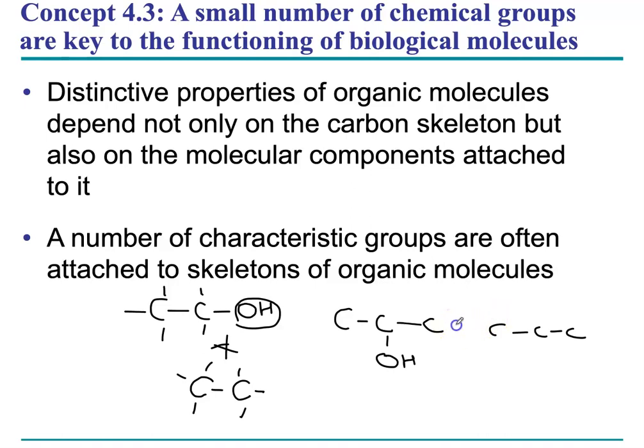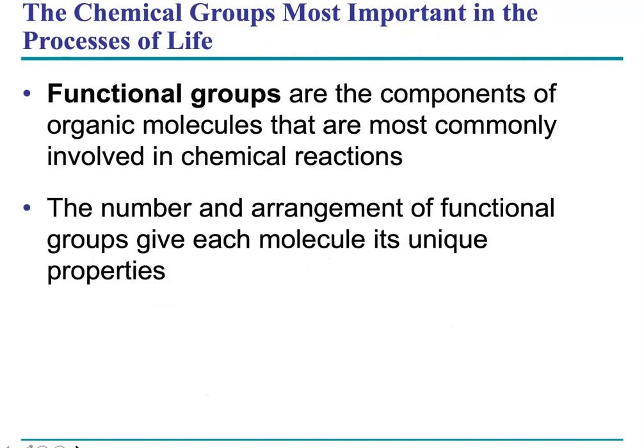And the reason being, how it functions and how it behaves, what makes rubbing alcohol and propane different from one another is the existence of this group, the OH group. Those groups are called functional groups. So we're going to look at a couple of functional groups and how they change the functionality of what your basic hydrocarbon would do.